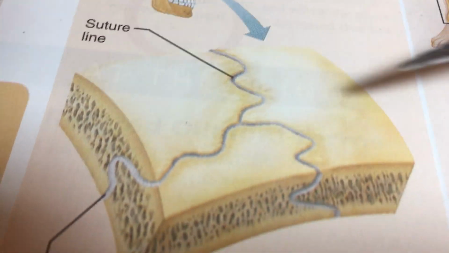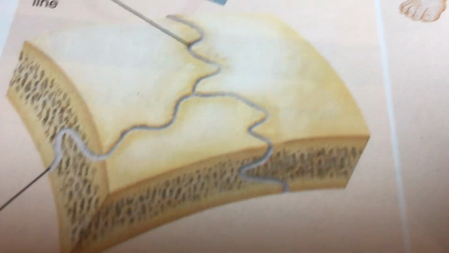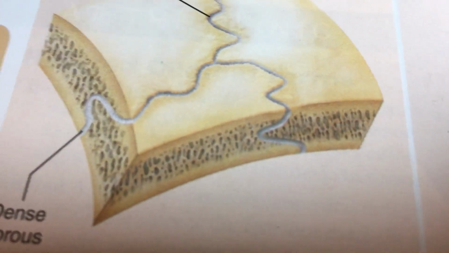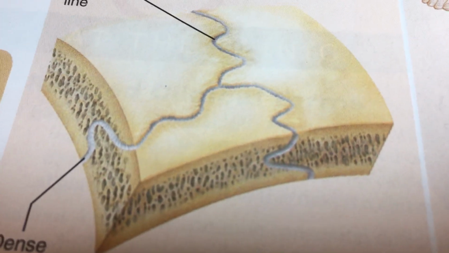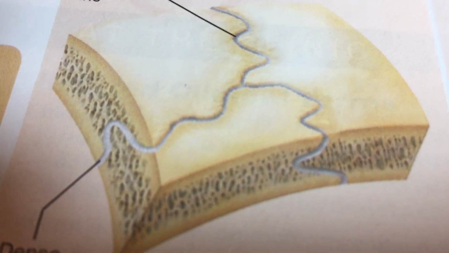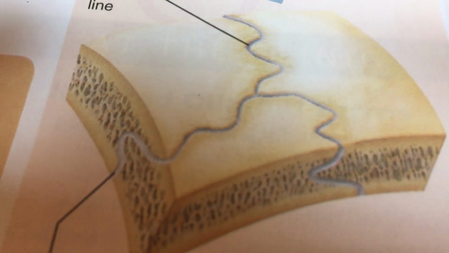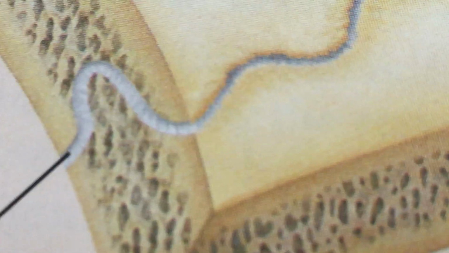And if you were to look really closely, what you would see is the equivalent of dense, regular connective tissue. That is to say, you can recall tendons and ligaments in which the fibers are parallel to one another. I don't know if I can get a close enough look here, but they're not really showing us what's going on.